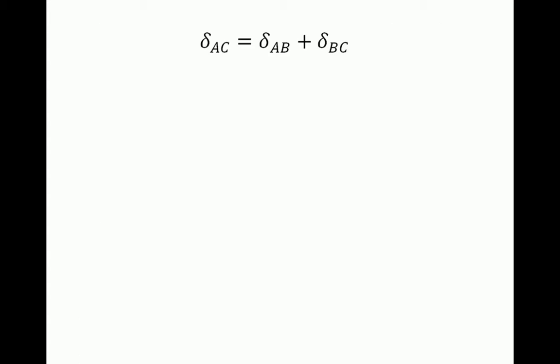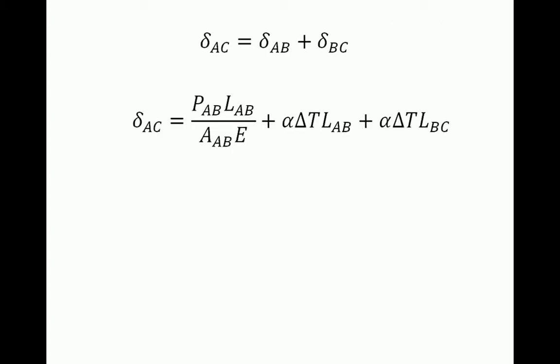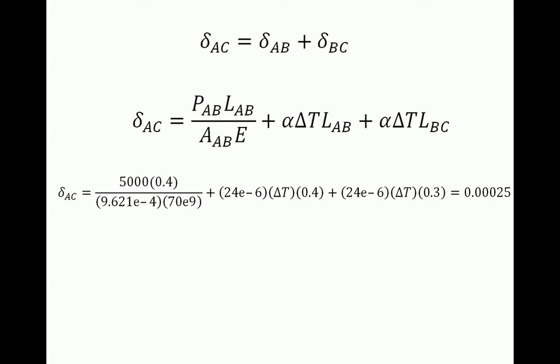So if we look at the total change in length, we have PL over AE plus alpha delta T L. We have that for segment AB, but since the loading on segment BC is 0, we can leave one term of that off. But of course, BC still will change length due to the temperature change, so we do retain that term.